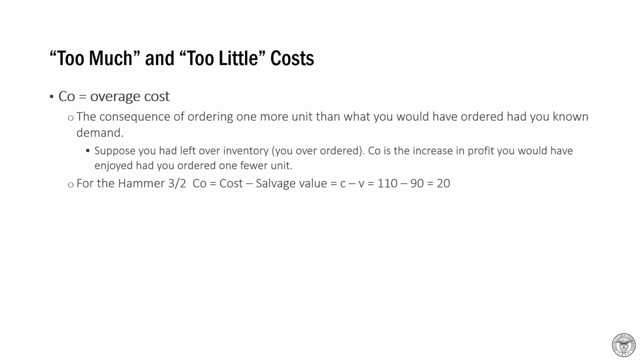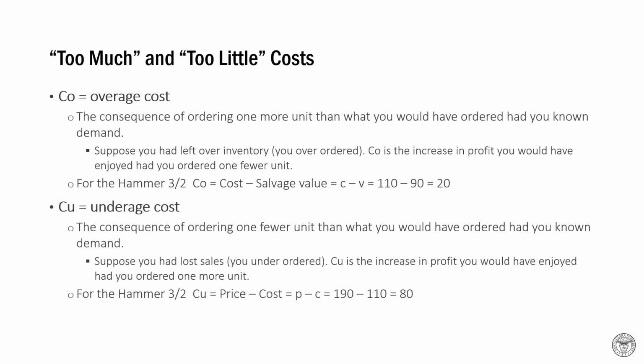Essentially, this is the cost you incur when you have leftover inventory due to overordering. It is calculated as the difference between the cost and the salvage value. For the Hammer 3/2, we calculate CO as $110 cost minus $90 salvage value, which equals $20.